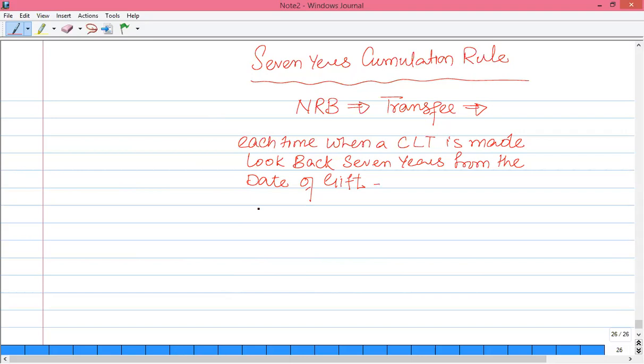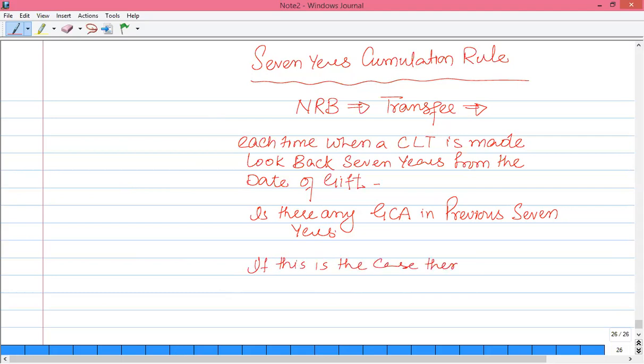We have to check whether there is any gross chargeable amount in the previous 7 years. If this is the case, then we can say the NRB is used up against this gross chargeable amount.